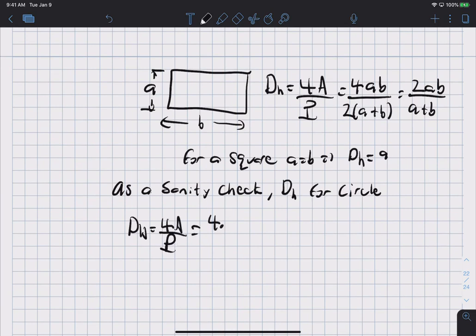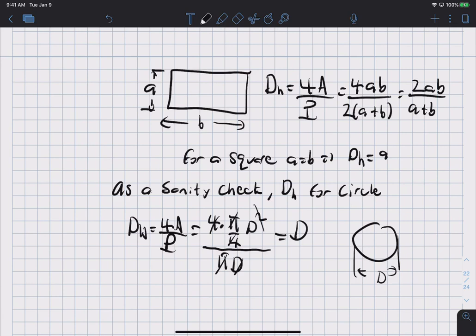Well, that equals 4 times pi r squared, or I'll do this in terms of diameter, 4 times pi over 4 d squared, that's the area, over the perimeter. Well, that's just a circle of diameter d, so the perimeter is just pi d. Equals d.